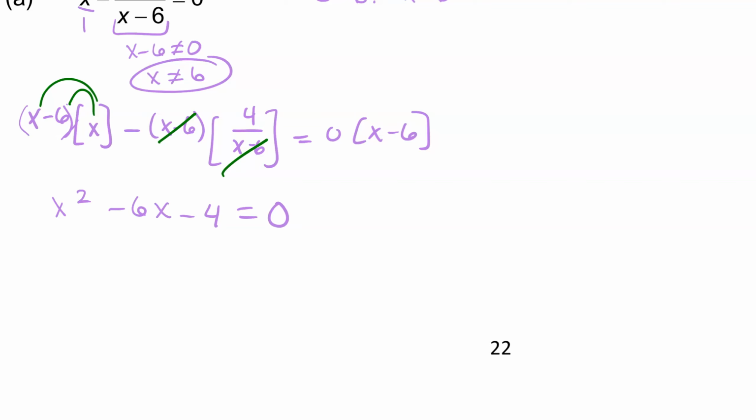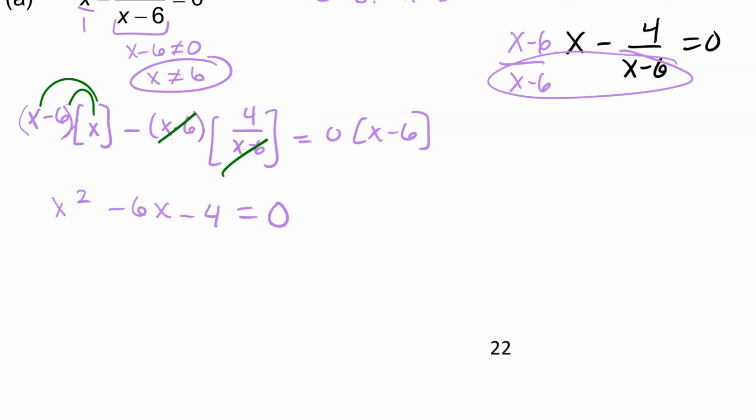I'm showing you this way because normally you'd have x minus 4 over x minus 6 equals 0, and the way we normally do it is to multiply this by x minus 6 over x minus 6. Then they're over the same number, and we ignore the bottom, because all that says is that if we're dividing by x minus 6, we just don't want x to equal 6. The only way the left side can equal 0, because the right side equals 0, is if the top of my fraction equals 0.